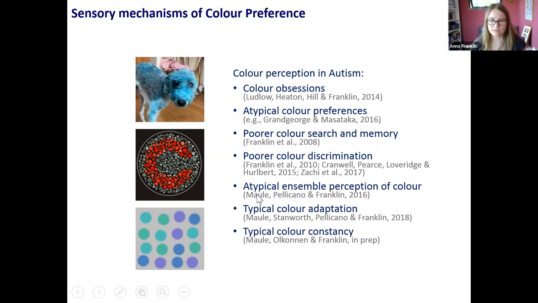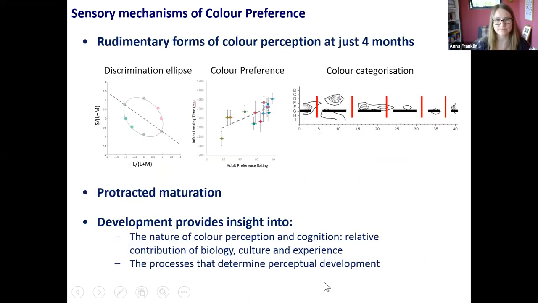There's another set of studies by John Moore investigating colour perception in adults with autism, and that finds also some differences in colour perception. For example, adults with autism under some conditions are less good at getting the gist of a multicoloured ensemble, but they're better at retaining the identity, the colour of the individual elements.